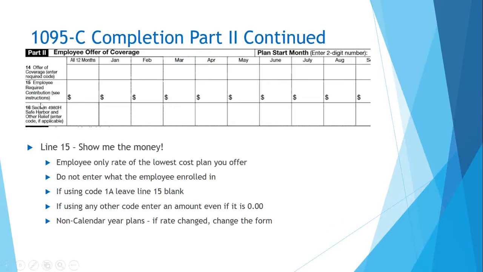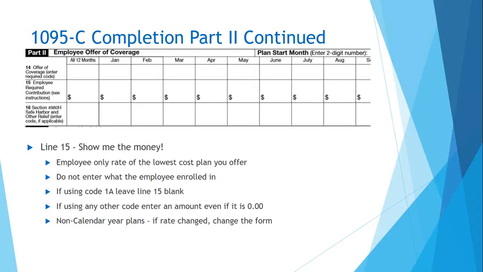So line 15, part 2, show me the money. The IRS wants to see the employee-only rate of the lowest cost plan that you offer. So if you offer multiple plans, say 3 plans, you're going to enter the rate of the lowest cost plan that you offer to the employees, and it's the employee's share.